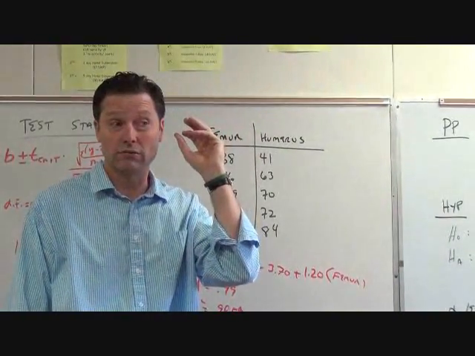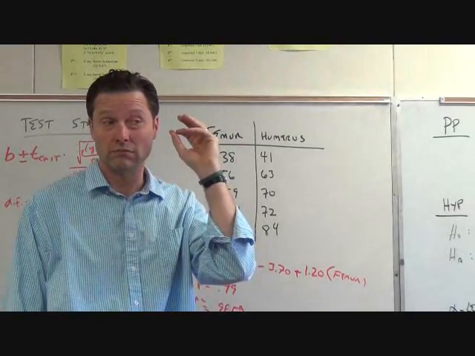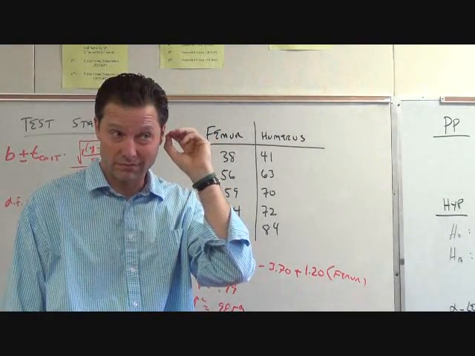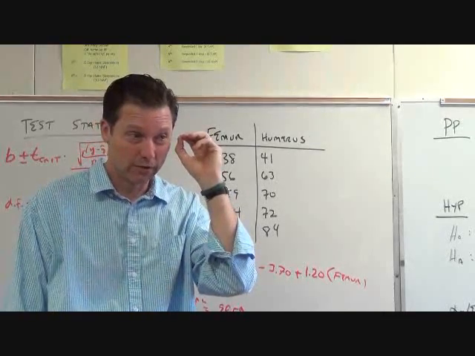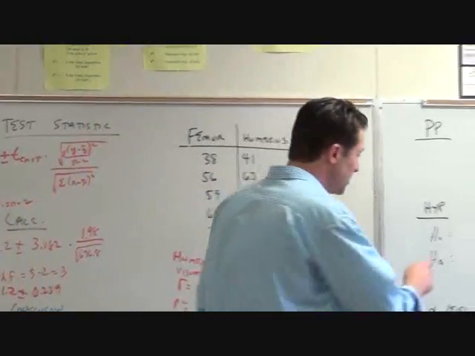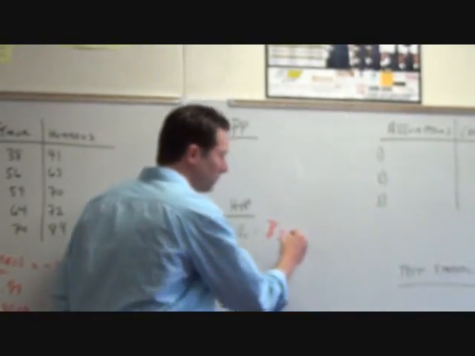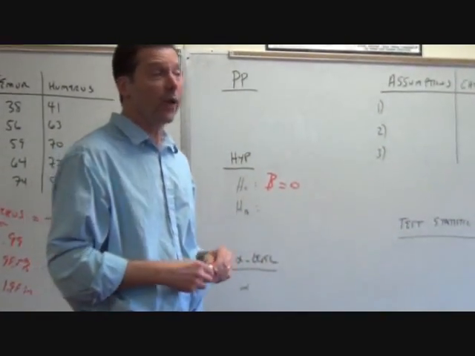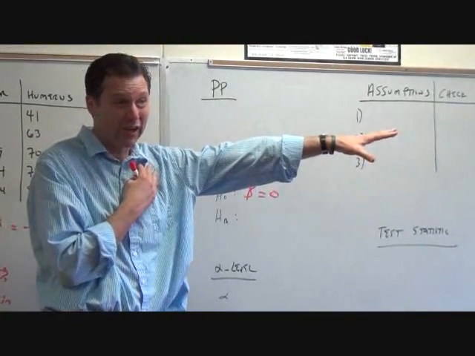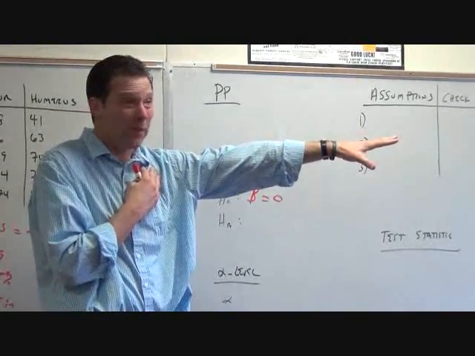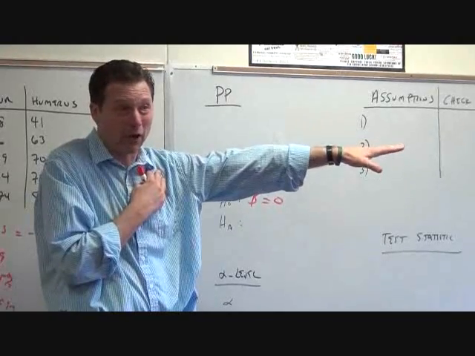It's 0. What symbol? Beta. Well, we'll assume there's no slope. Another way to say this is we're assuming that there is no relationship. It's kind of like chi-squared, right? Assuming that they're independent of each other. They don't have a relationship at all.